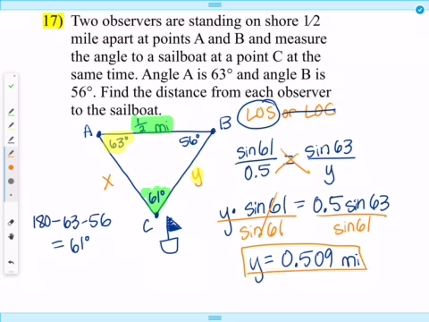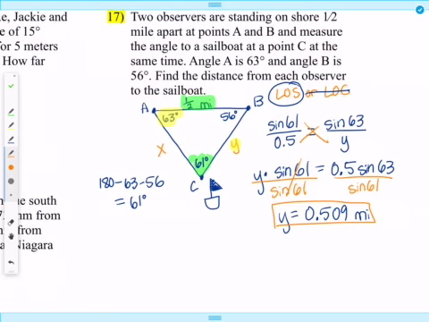And now I just want to set up law of sines one more time in order to find this X over here, the distance from A to the sailboat. So to set up, I'm going to say, once again, sine of 61 over 0.5. Those are the pieces that match together, that I have both pieces.